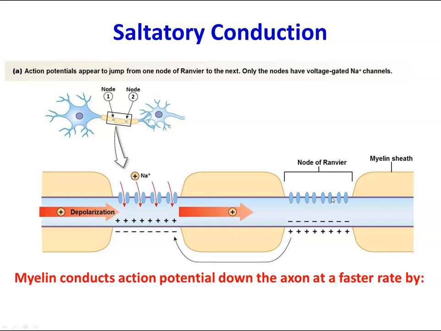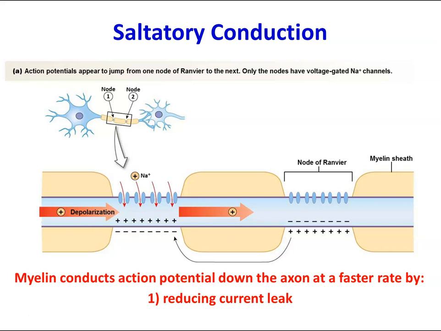And the first thing is that it allows you now to reduce current leak. Now remember, in order for me to have a signal, it starts with depolarization. But in order for me to have depolarization, I have to have a concentration gradient for sodium. Yes? Okay, the same foundations, people, over and over and over.